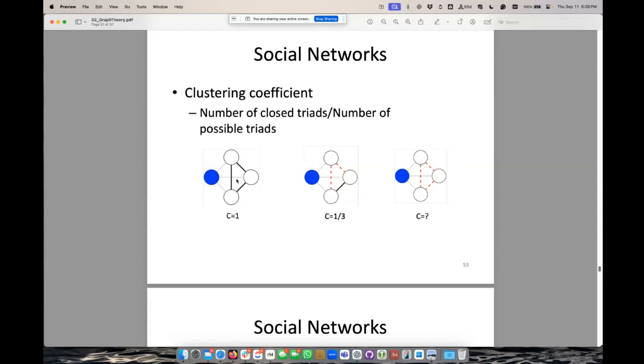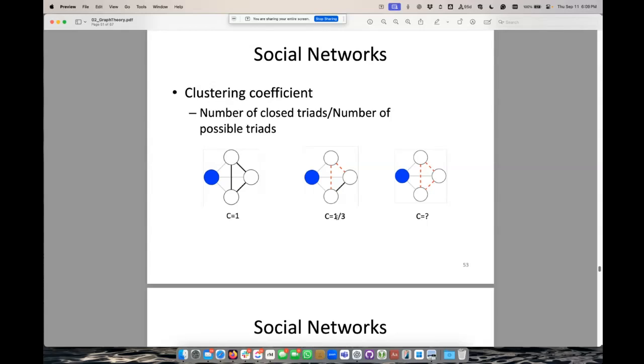So when we look at the clustering coefficient for the first scenario, it is 1, which means information transparency. There is full information transparency, at least in terms of the structure. So everyone knows everyone, so information is flowing freely. But when you look at the second example, only one relationship is maintained out of three possible relationships.